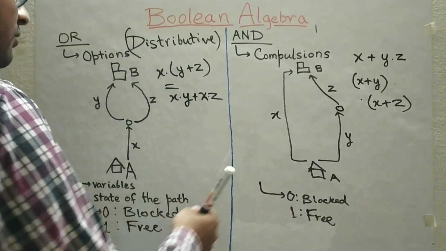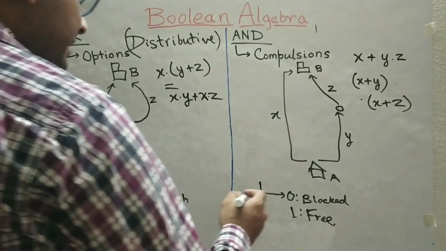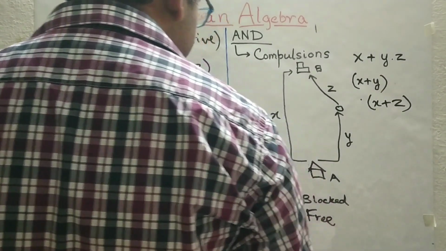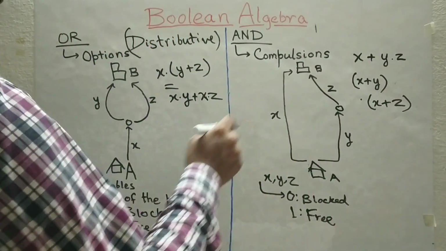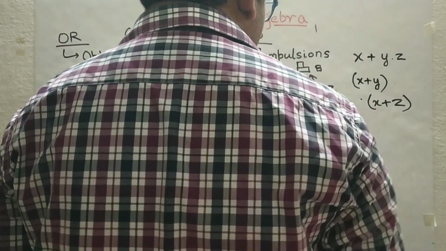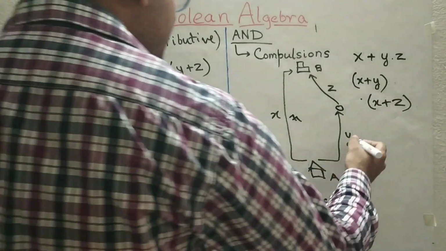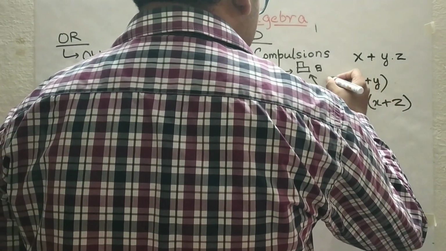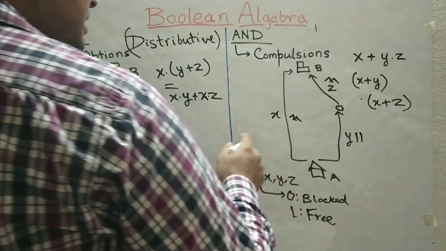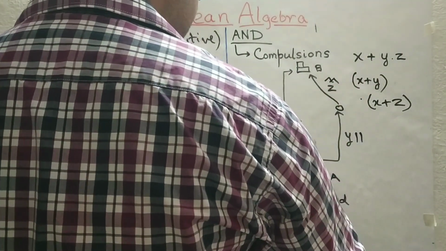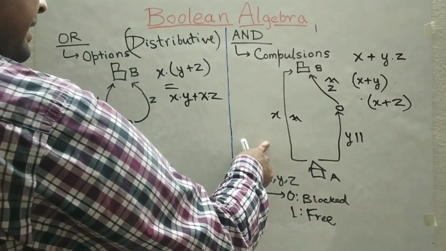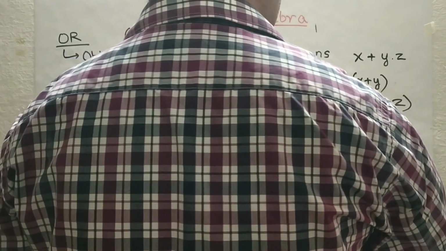So you know that X and Y and Z, these are the variables whose state is either blocked or free. So X can be blocked, X can be free, Y can be blocked, Y can be free, Z can be blocked, Z can be free, right? So in the first time you have the option that if X is blocked, right?